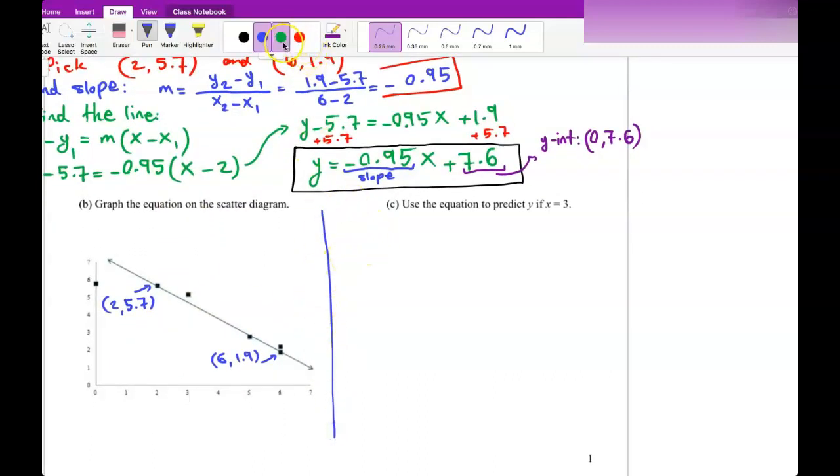Now part C, use the equation to predict y if x equals 3. Using this one, to find y, substitute x equal to 3.